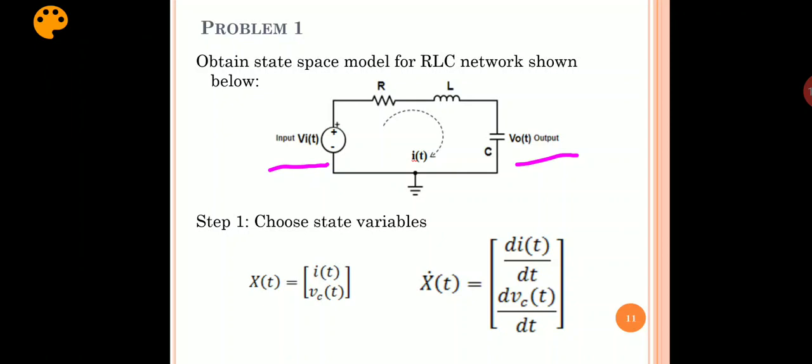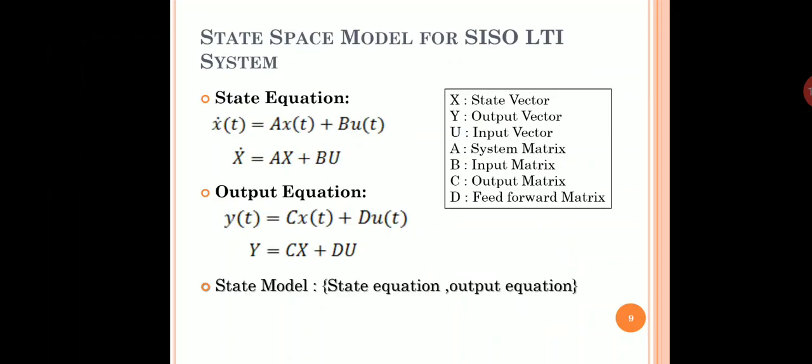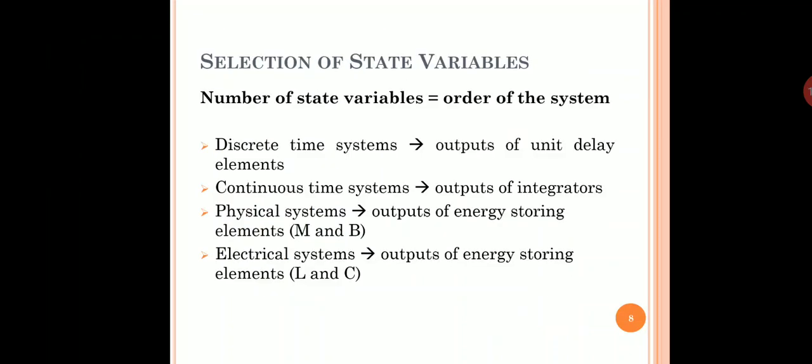Now we need to identify what the state variables are. If we go back to the guidelines which we went through, in the last point it is given that in an electrical system, outputs of energy storing elements are the state variables. What are the energy storing elements?